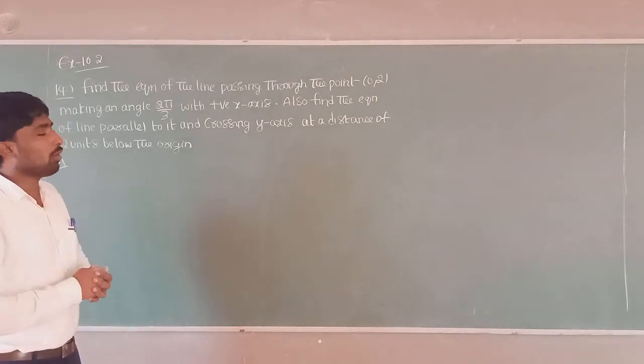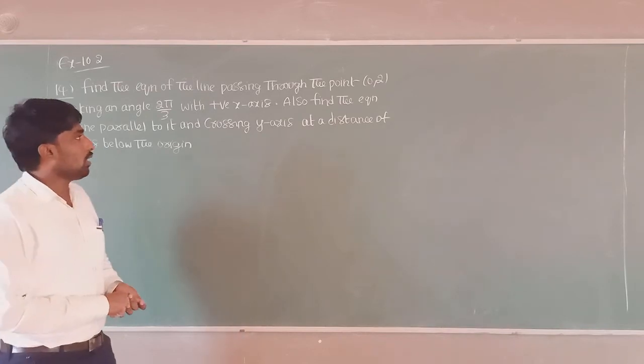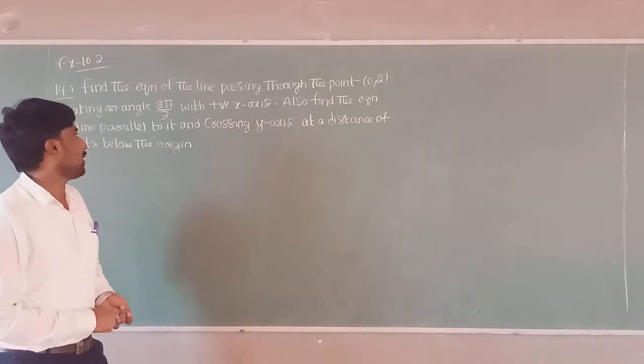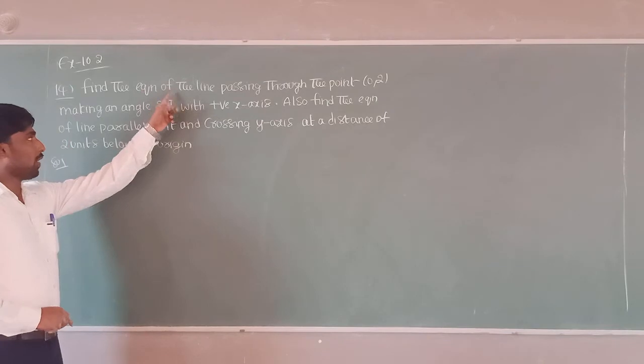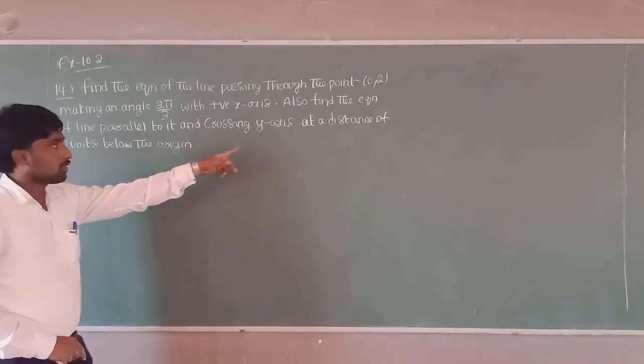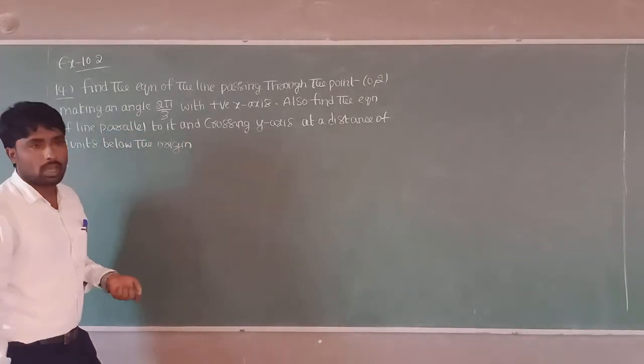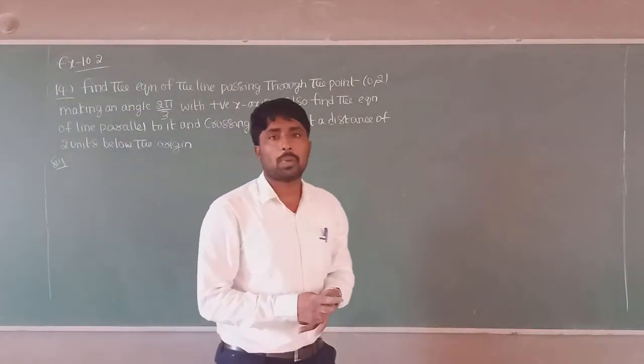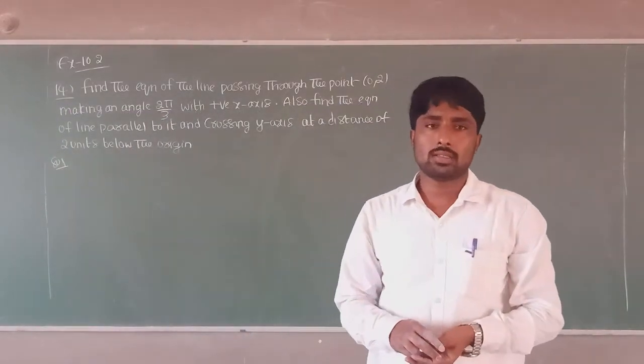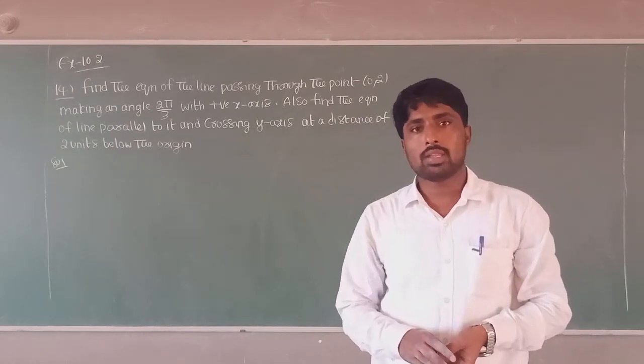But here they give one more condition: also find the equation of the other line. This line is parallel to this line and crosses the y-axis at a distance of 2 units below the horizon. If two lines are parallel, what is the condition? Their slopes are equal.